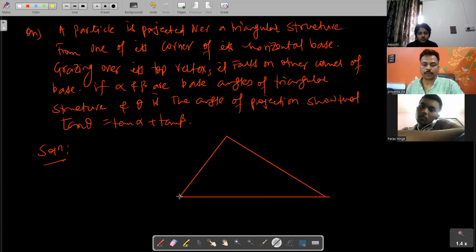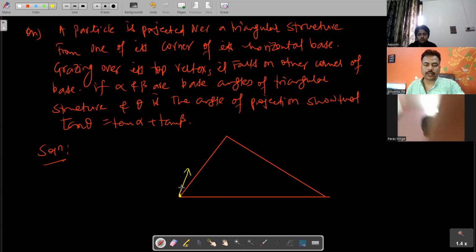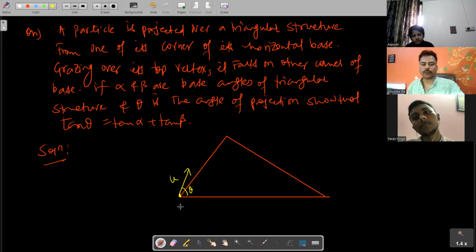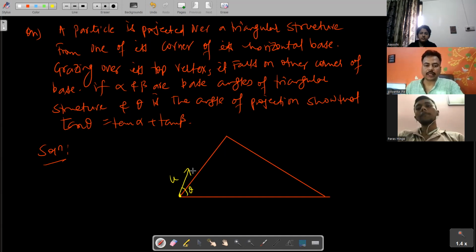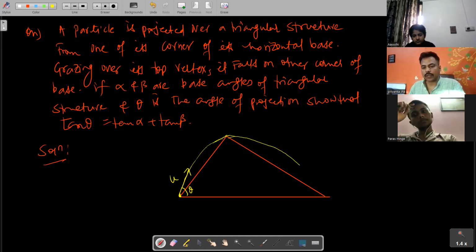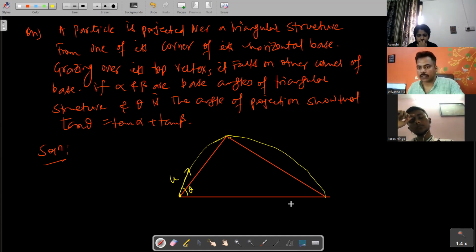Suppose you project the ball from this end at some angle, let's say theta, with some speed u. It says that this ball will just graze the top, means just touch the top, and will fall to the other corner of the base. It means that this length would be its range, right?